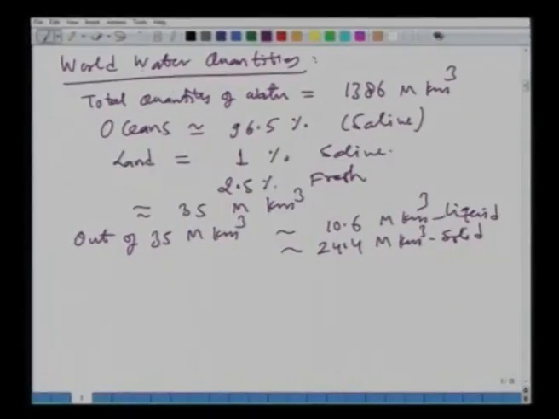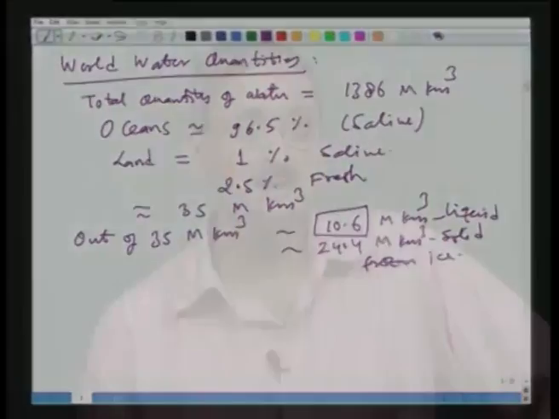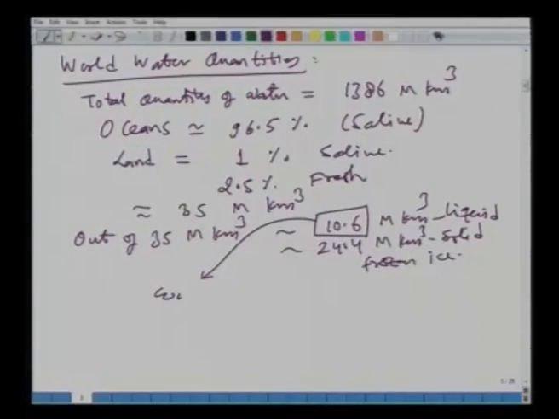Okay. And the solid water is in the form of frozen ice, and it exists on the mountain tops in the form of glaciers and frozen ice in the polar region. So, this is all the water we have that is available for us for any kind of water management on the earth. This water has remained constant over the years, okay? And certain United Nations estimations suggest that this will be sufficient up to 2050.